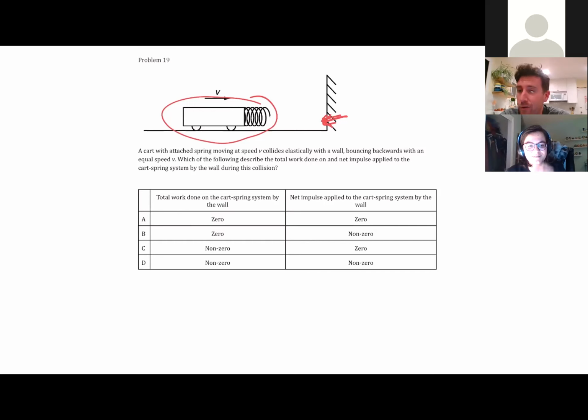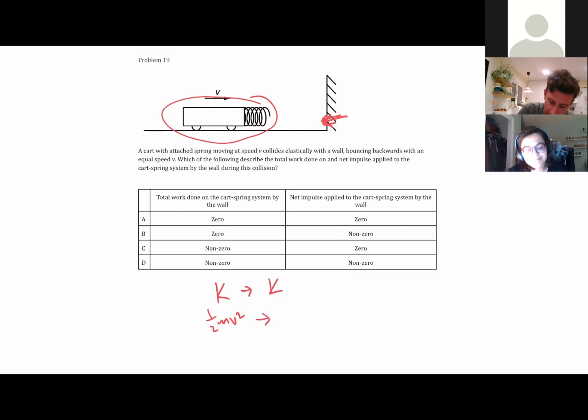I would start with, what is work a form of? It's a change of energy. What's the type of energy that the cart has before the collision? Kinetic. So I start with kinetic energy, which is 1/2 mv squared. What type of energy does the cart have after the collision? Kinetic.